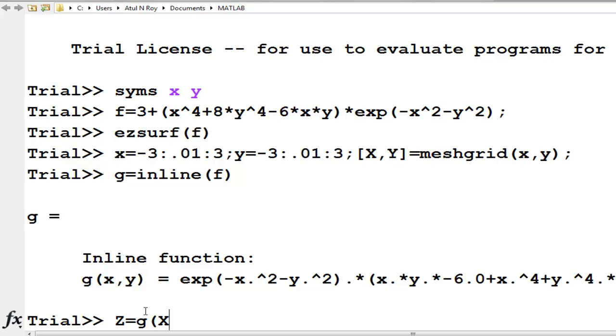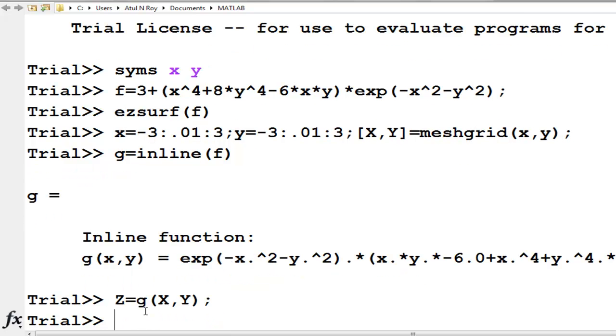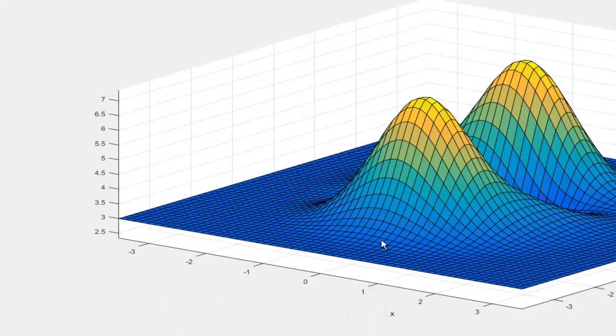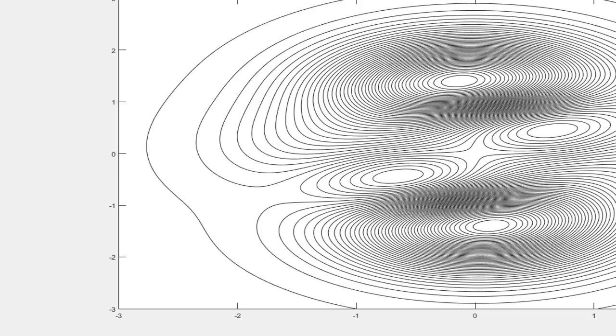So we are going to define z as g at x, y, and then we will ask for the contour plot of x, y, z. Let's ask for 50 contours, and let's keep the color black just for clarity. Okay, so there we go, it should be coming up, and here it is.